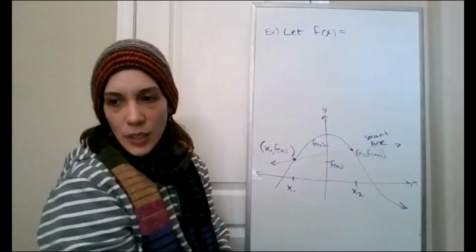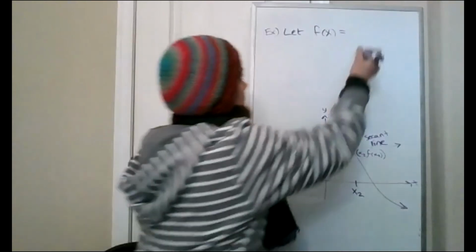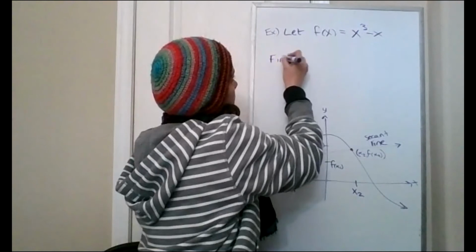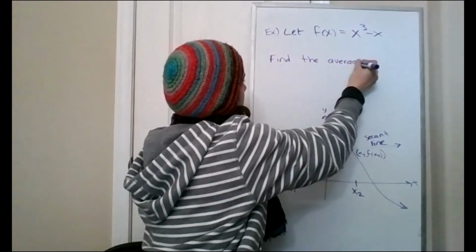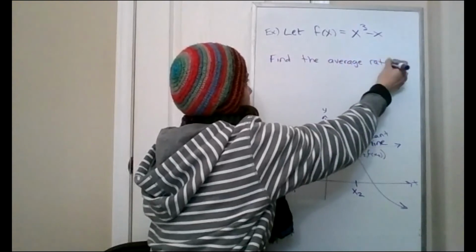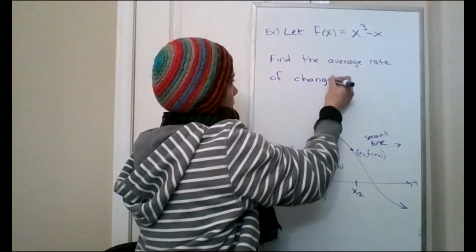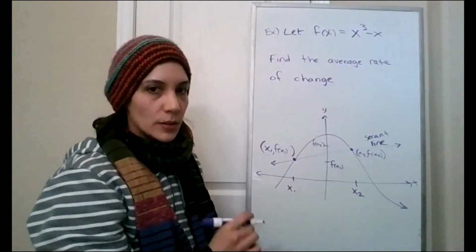Okay, I picked x cubed minus x, and we're going to find the average rate of change from x1 equal to 0 to x2 equal to 2.